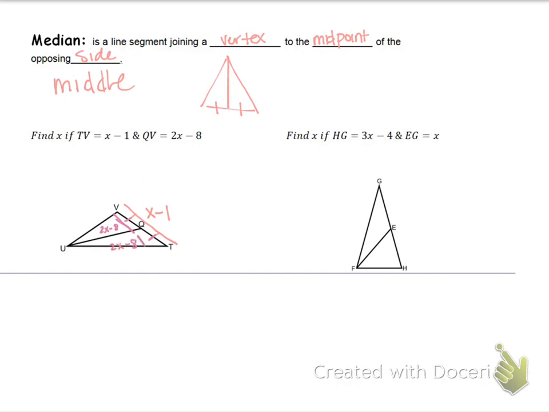I've got two smalls and a big, so I add my two smalls and set them equal to my big. 2x plus 2x gets me 4x, and negative 8 minus 8 gets me negative 16. We subtract x and get 3x, then add 16 to both sides to get 15. Divide by 3, and I get x equals 5.